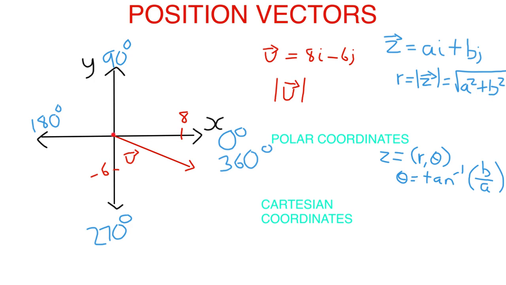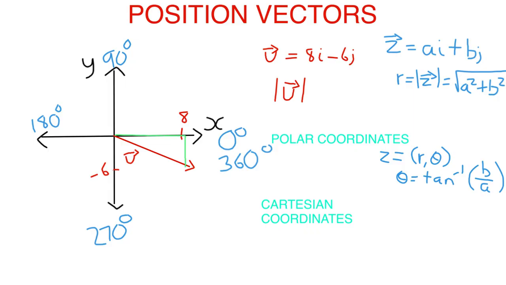So u here is the vector that goes from the origin to the point (8, -6). We write u in this form: the x coordinate or x component goes before i, and the y coordinate or y component goes before j. So we're going to calculate the magnitude of u, and we can do that easily using Pythagoras.